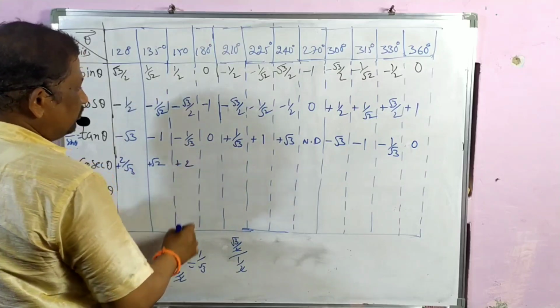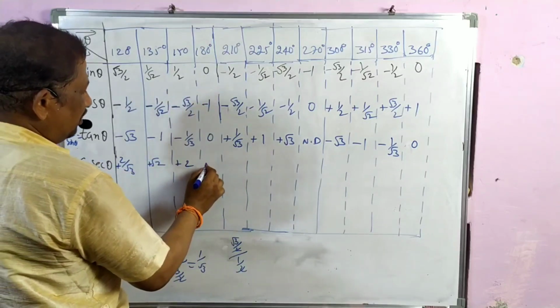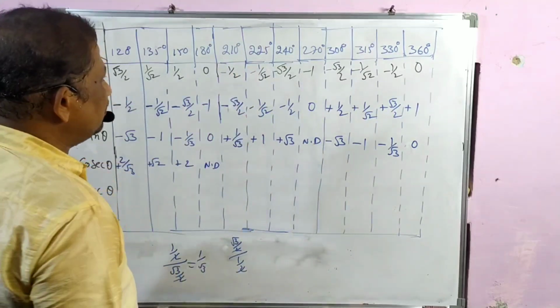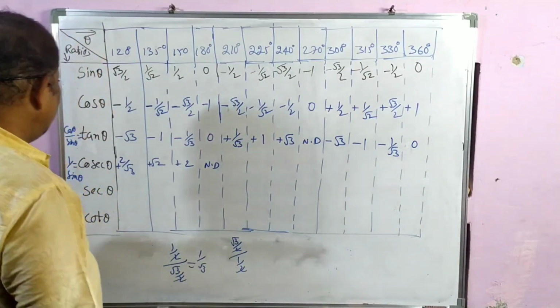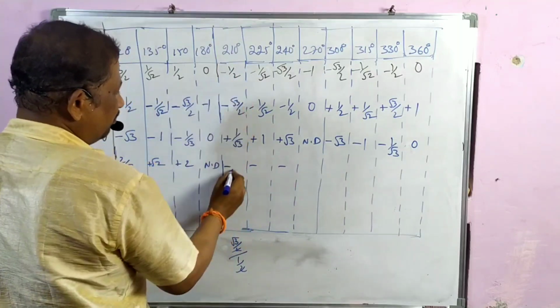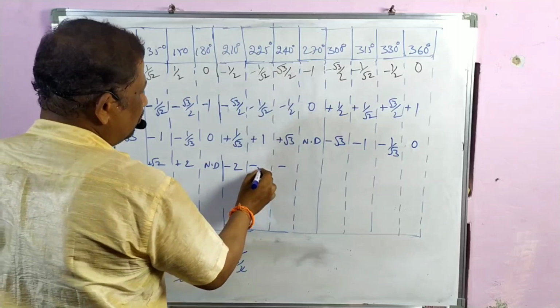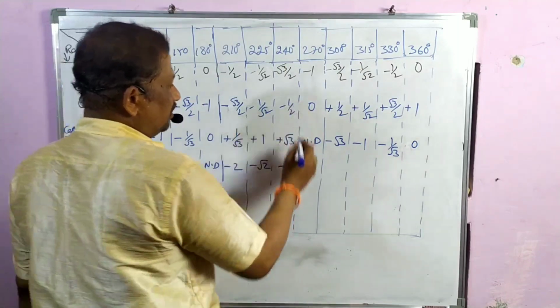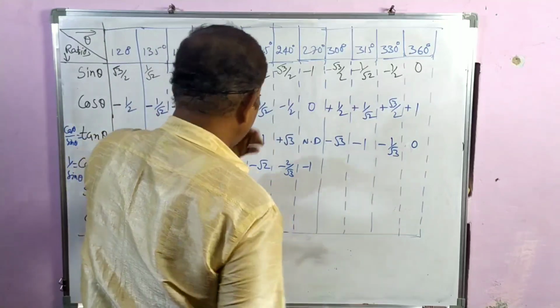So plus 2. The reciprocal of this one is not defined. Next, 180 plus theta. So it falls in the third quadrant. In the third quadrant, cosecant is not there. Negative values will come. Reciprocals: 2, root 2, 2 by root 3. So the reciprocal of this one means minus 1 only will come.